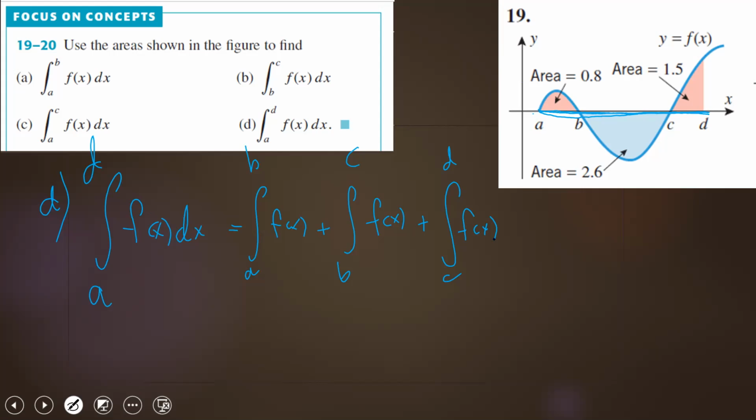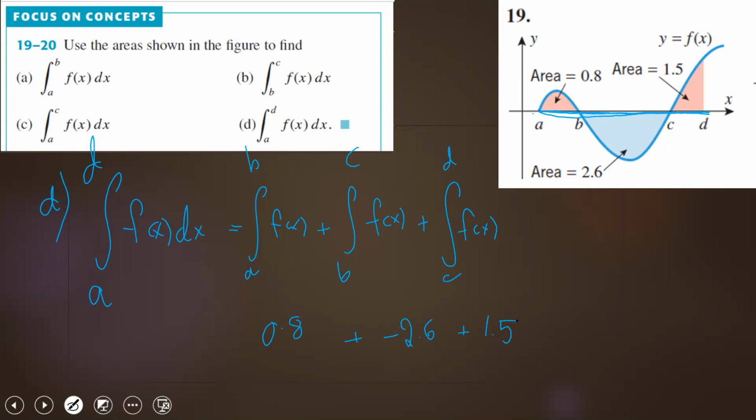From A to B, it is 0.8. From B to C, it's negative 2.6, as we said. And from C to D, it is 1.5.